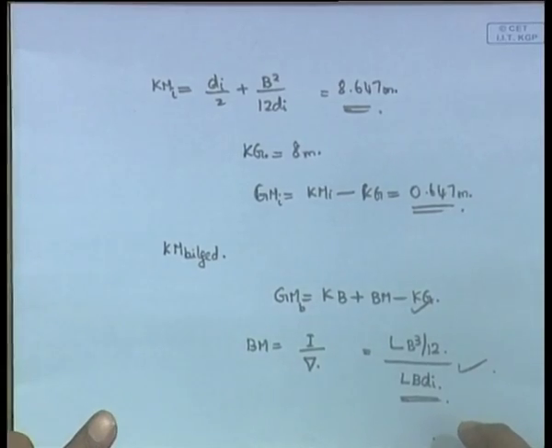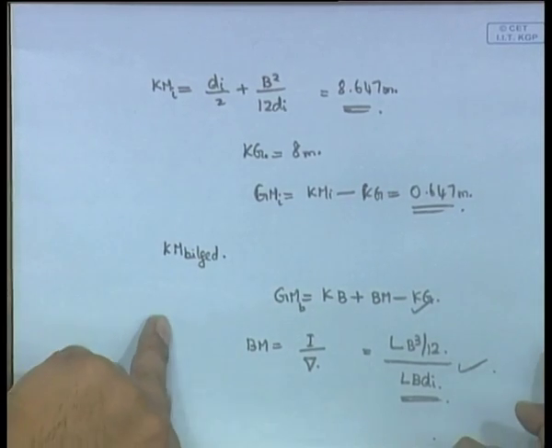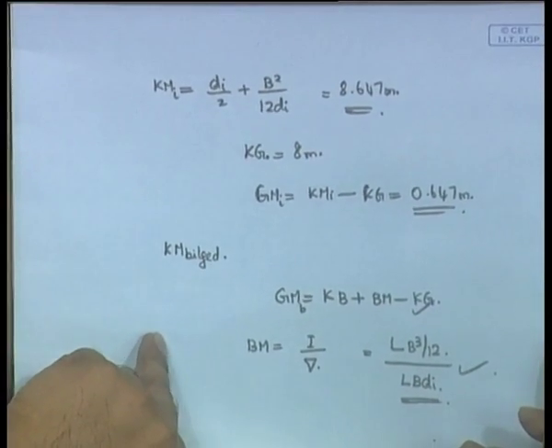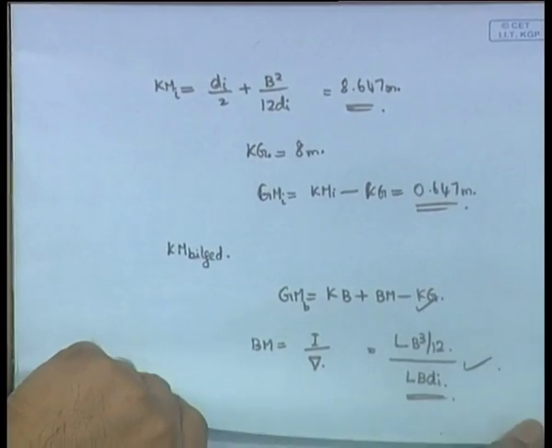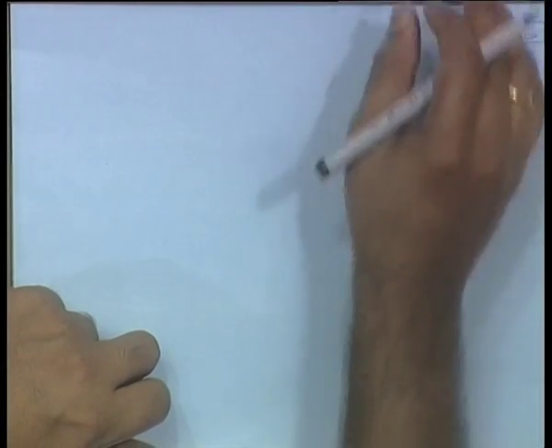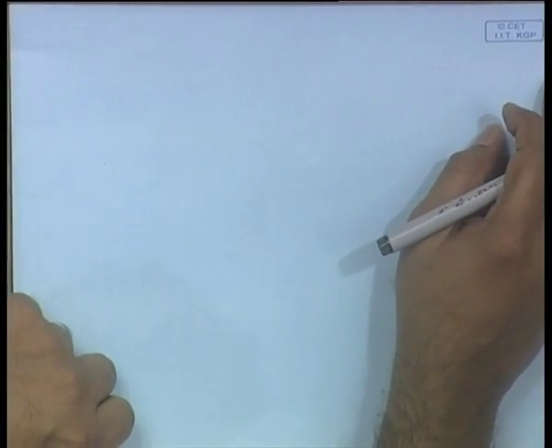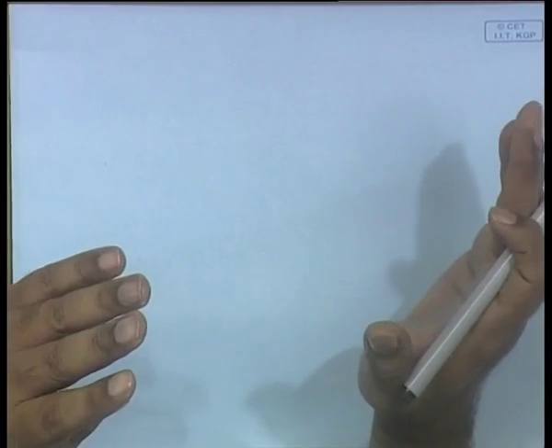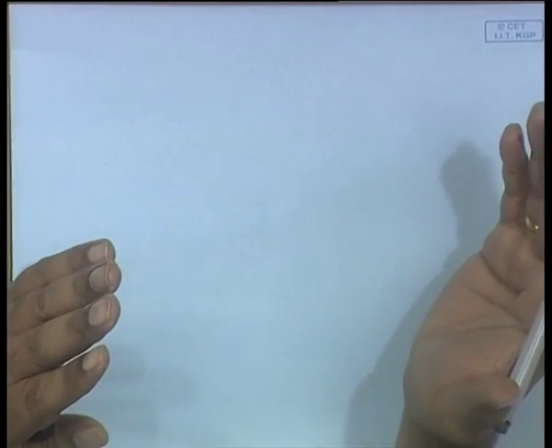Now, the next thing to calculate is your KB, that is a slight problem in this. KB is the centroid of the volume. Now, what are we doing? We are using the method of lost buoyancy, which is the method of lost volume.